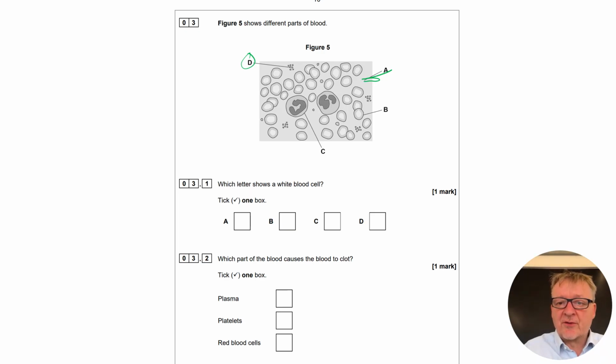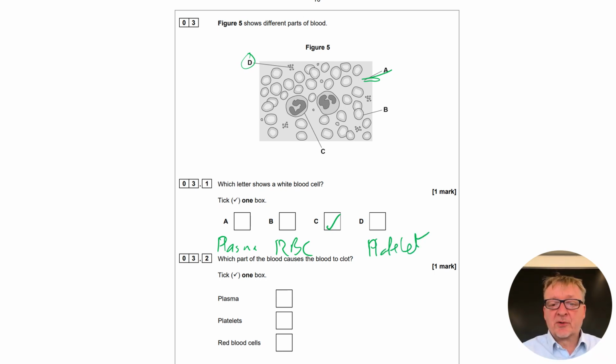Red blood cells don't have a nucleus, so therefore the big ones. It is definitely C, because C is a white blood cell and it has a nucleus. So A is the plasma, the yellowy liquid. B is a red blood cell, and D is a platelet for clotting.